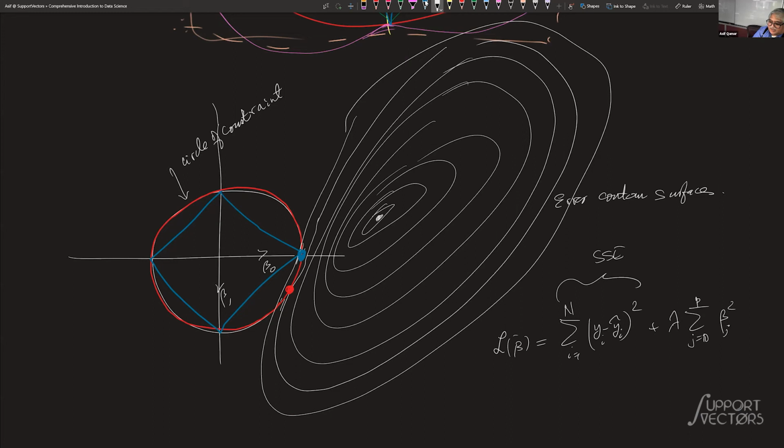I can write this as the sum over i equal to 1 to n of yi minus yi hat squared, plus lambda. Do you guys realize that this is nothing but the dot product of beta with itself? Right. So when I use this, this is called the ridge regularization, as we learned a little while ago.